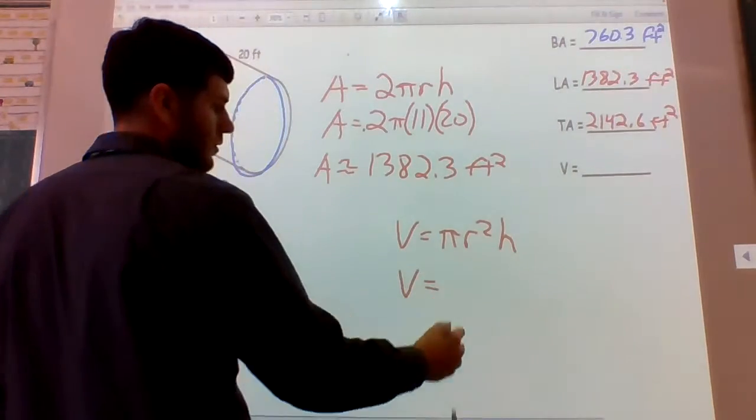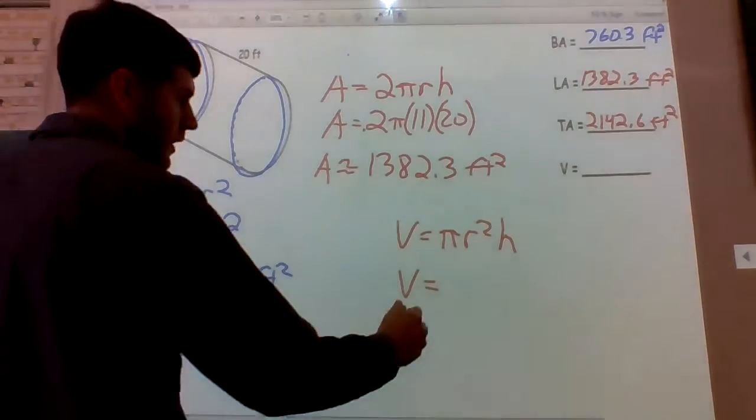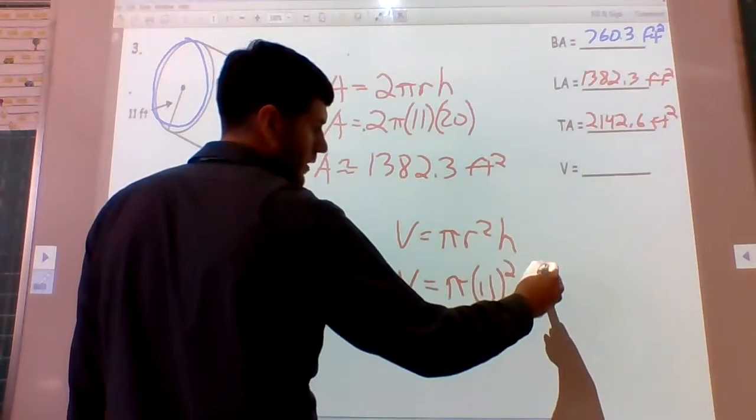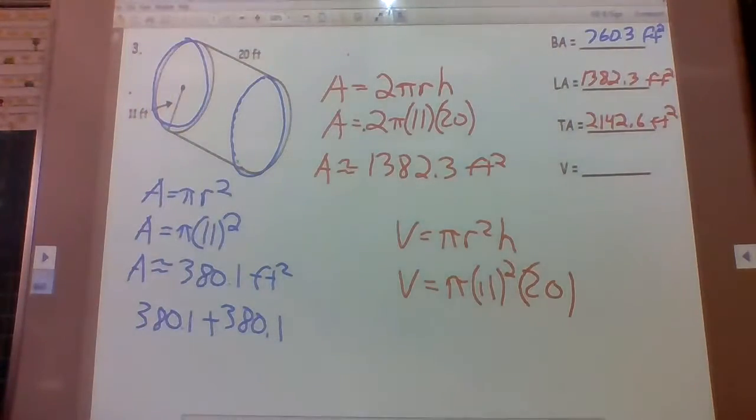You guys should fly through these cylinder problems. Pi times 11 squared times the height of 20. 11 squared is 121. 121 times 20 is 2,420.